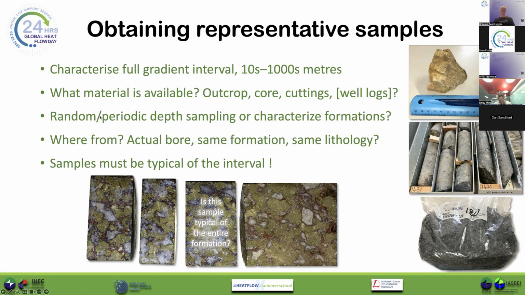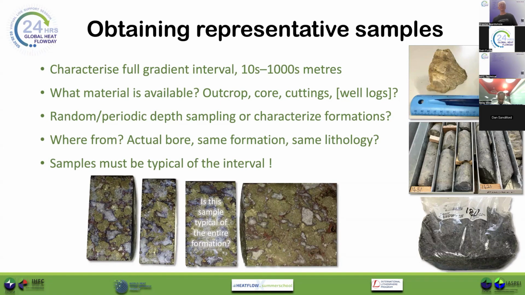Statistically, if we do have core all the way through the borehole, then regular sampling down through the bore is quite a good statistical method to characterize the average thermal conductivity over the interval we're interested in.